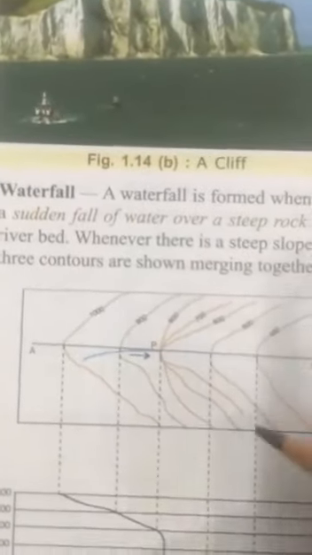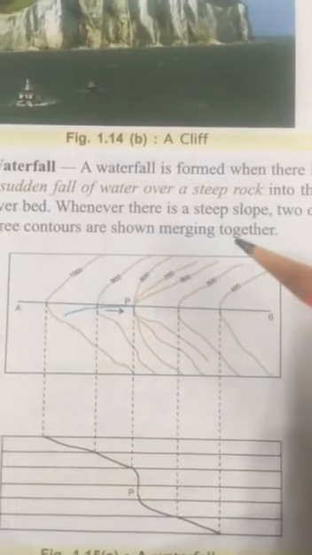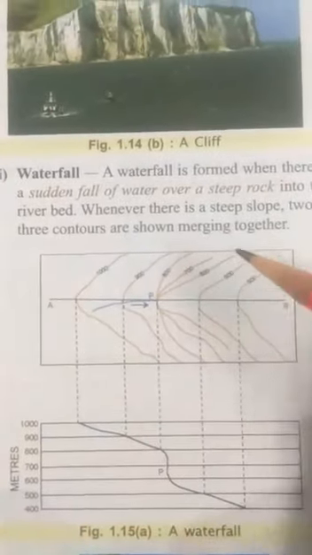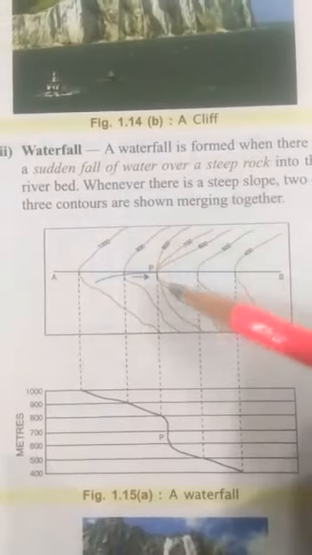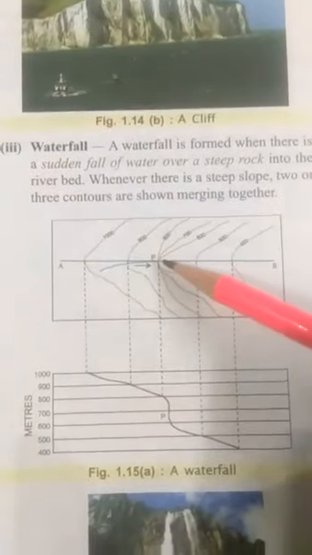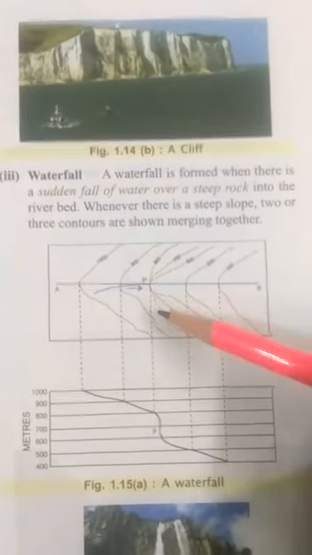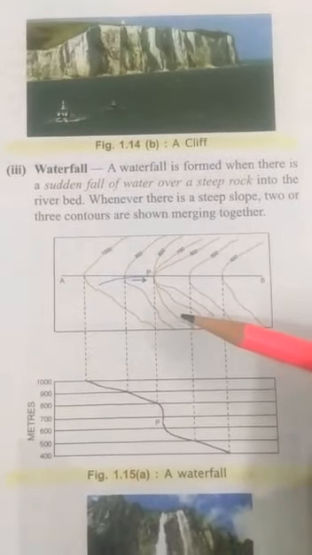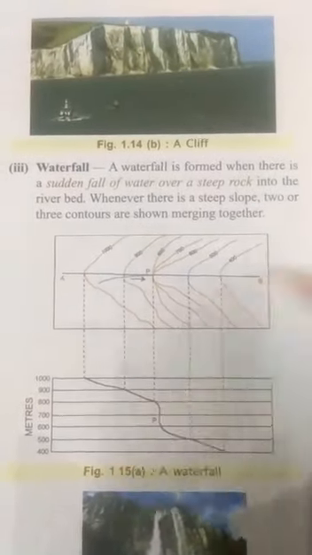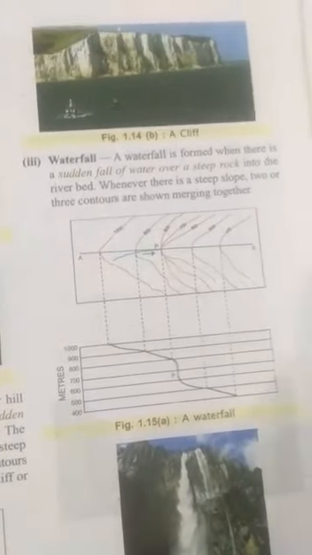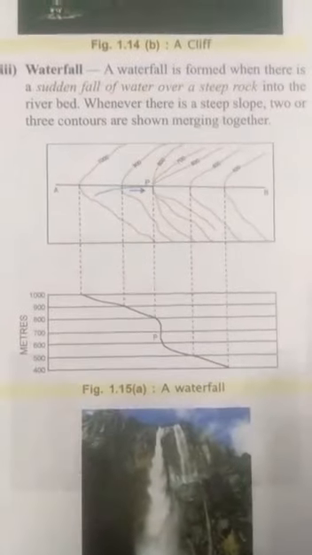Here it has been shown that whenever there is a steep slope, two or three contours are shown merging together. See here, two to three contours appear to be merged at a point, and such a projection depicts a waterfall, and the slope depicted by them is steep slope. So this one is the example of V-shaped valley.